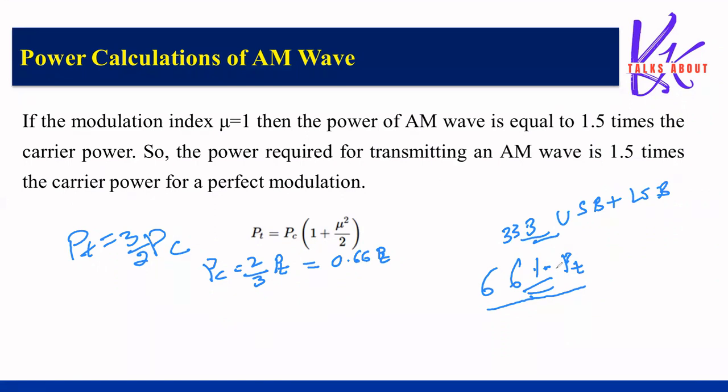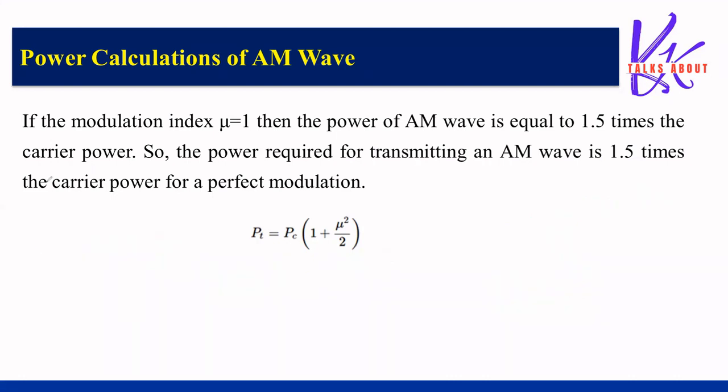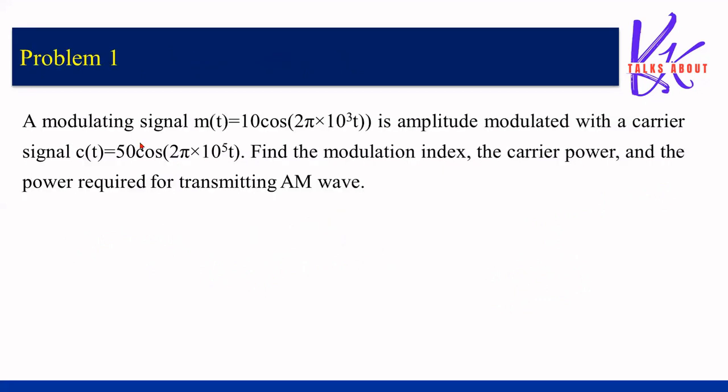So let us see some problems based on this, and how power is calculated in an amplitude modulated wave with some examples. Here is one of the problems. A modulating signal m of t is equal to 10 cos of 2 pi 10 power 3 t.